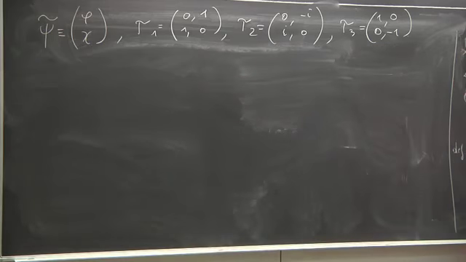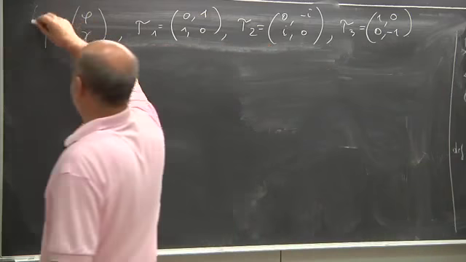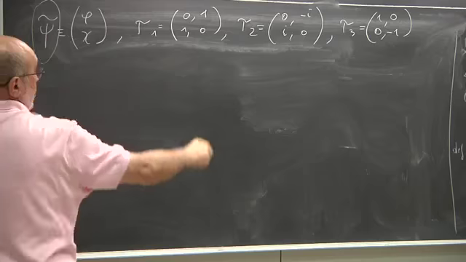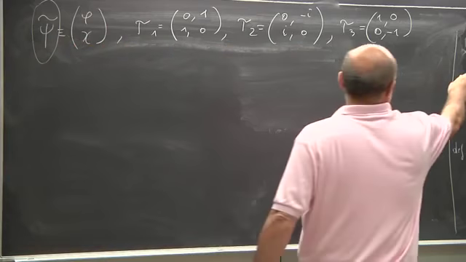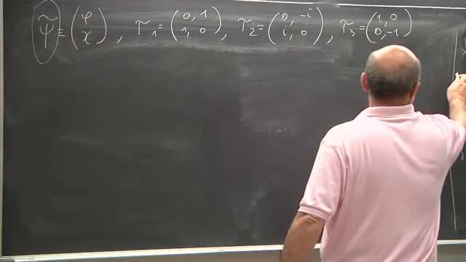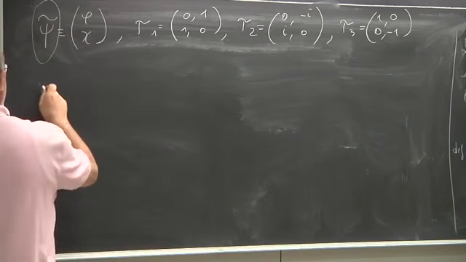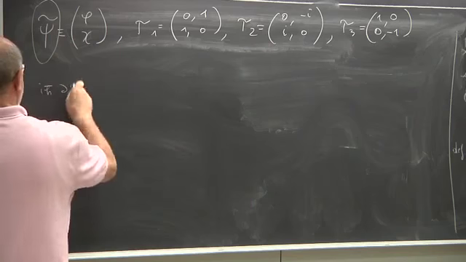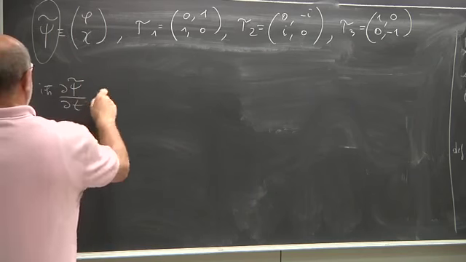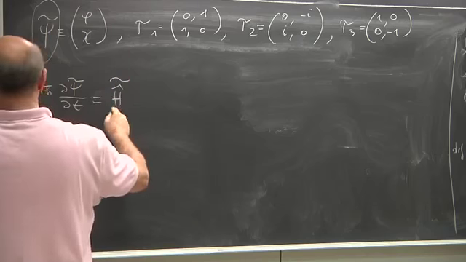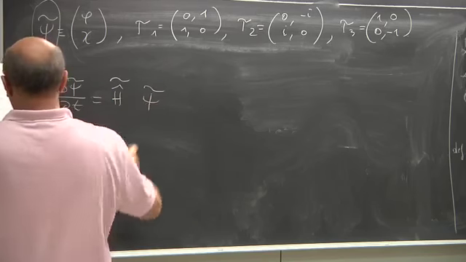And then it's possible to write this as one equation for this strange object. I can write these two equations in the following manner: i h bar d psi tilde dt is equal to some strange Hamiltonian, which we will call H, acting on psi tilde.